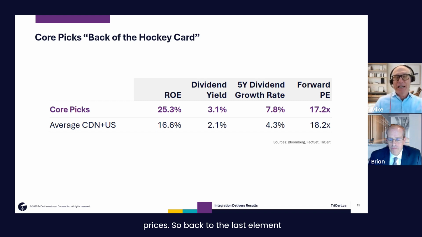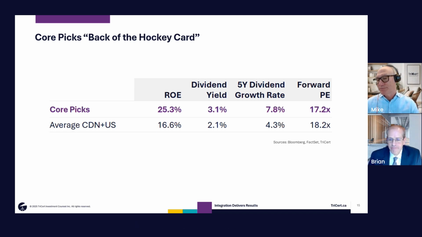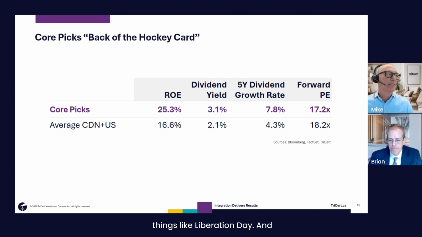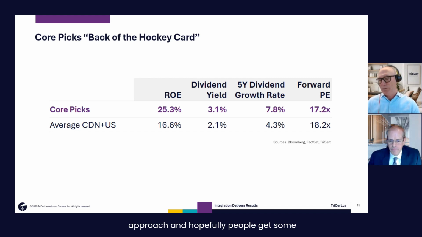So back to the last element that I attempted to draw a square around in terms of the prices that we're paying. But a good summary of, again, back to the QSect approach, combining that in the context of volatility, hopefully gives some people some comfort as we go through. Again, it's more than volatility, really, uncertainty caused by things like Liberation Day, and it's good to understand the approach, and hopefully people get some comfort as to how we're going to get through this together.